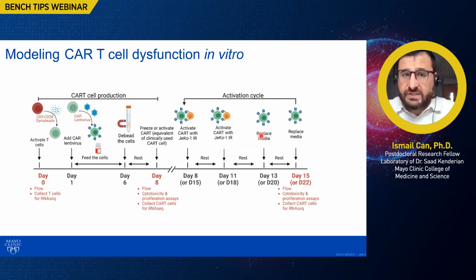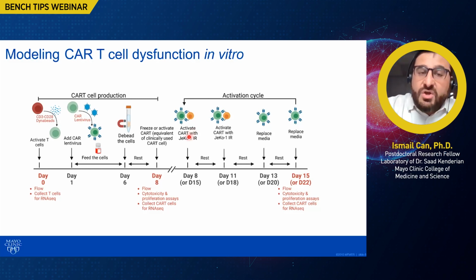In order to utilize this, we developed an activation-resting cycle to study CAR T cell dysfunction in vitro. There are two arms associated with our study. One is the CAR T cell production, which takes almost 8 days. And then we also have the activation cycle.